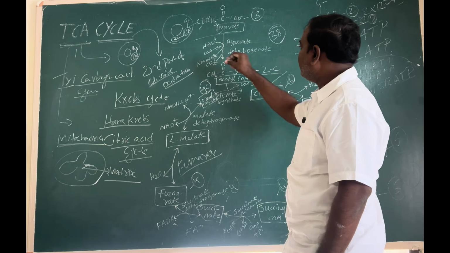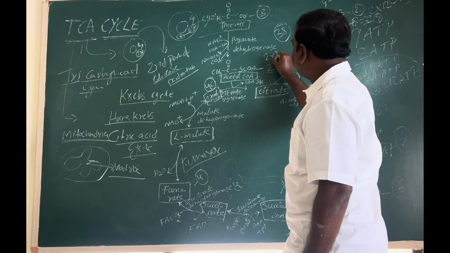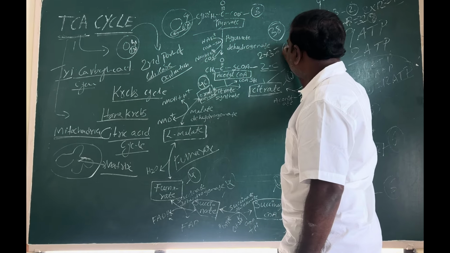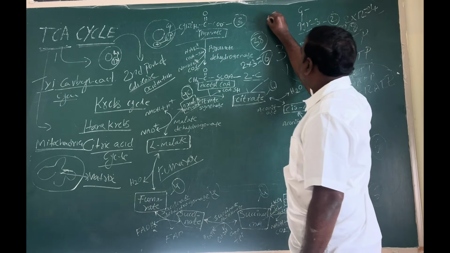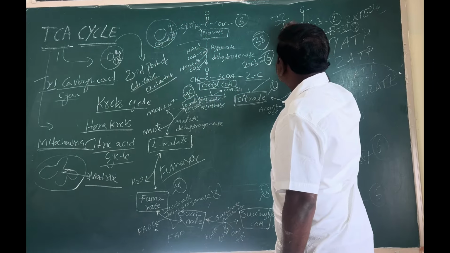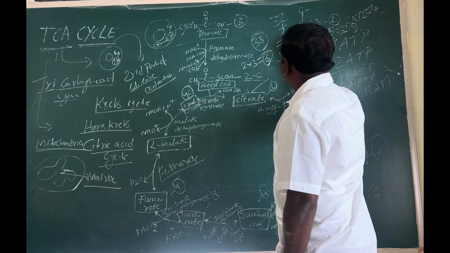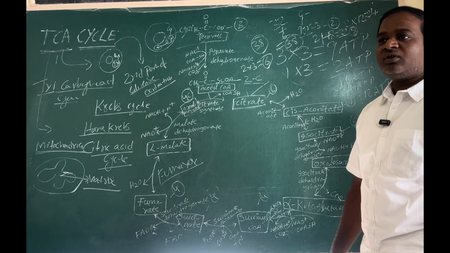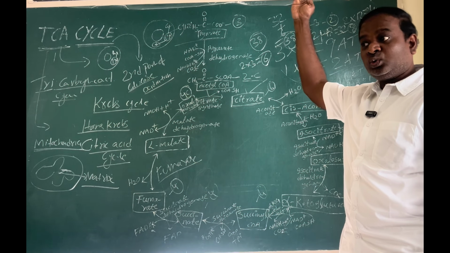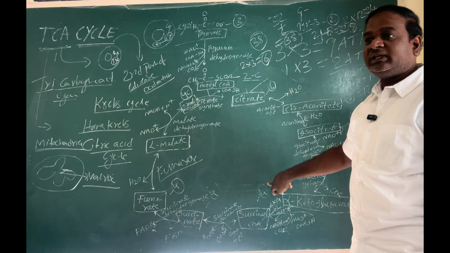That is, 2 into 3 entering into the ETC to form 6 ATP. Now 32 plus 6, how many? 38 ATP are formed from glucose through the TCA cycle.